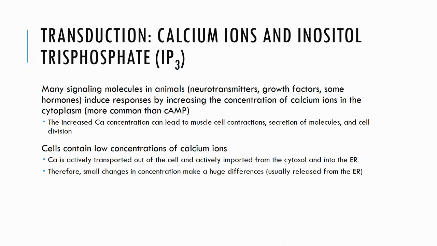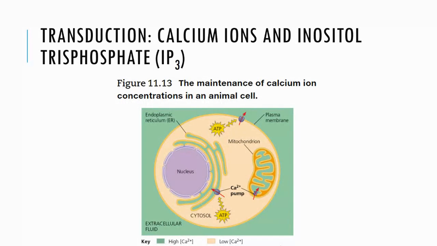Cells do contain low concentrations of calcium ions because calcium is actively transported out of the cell and actively imported from the cytosol and into the ER. So therefore, really small changes in concentration can make really huge differences, and this calcium is usually going to be released from the ER, not pumped into the cell from the outside, which we can see in this diagram here.